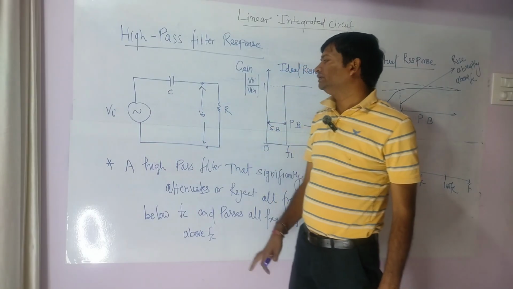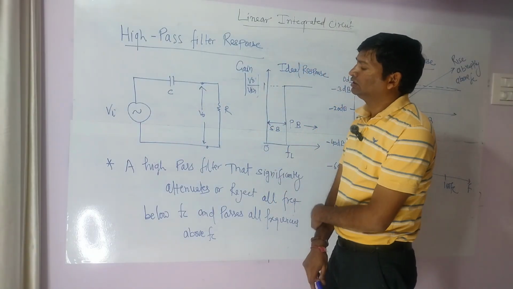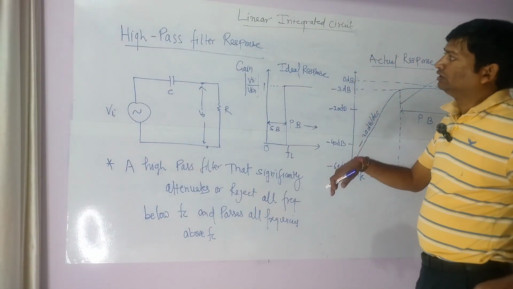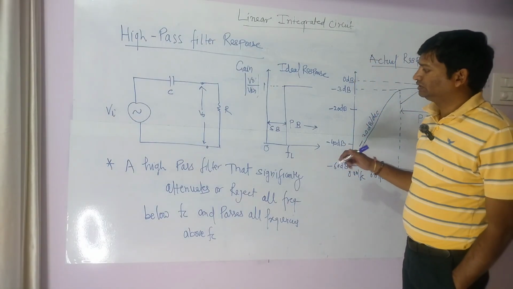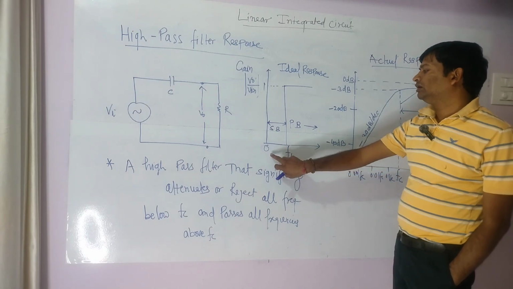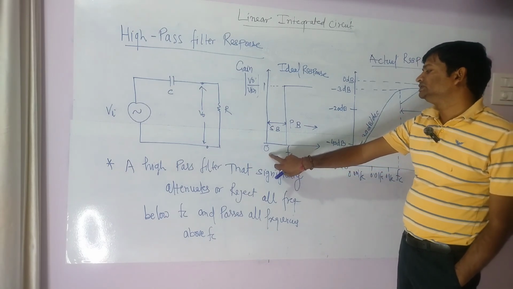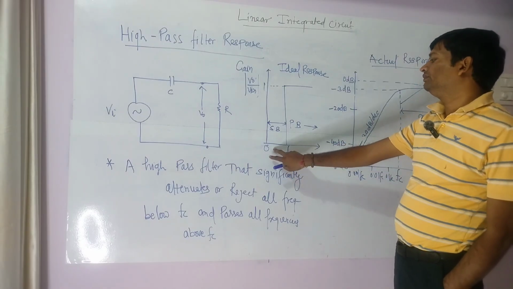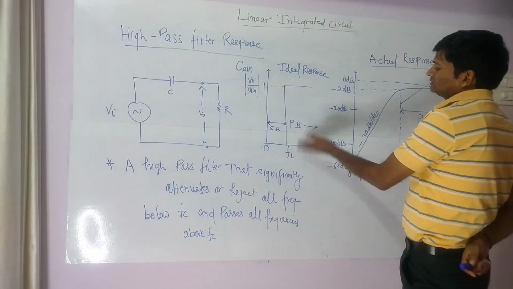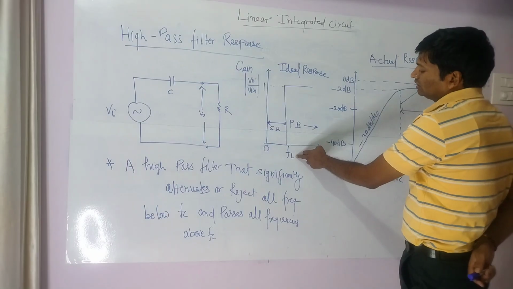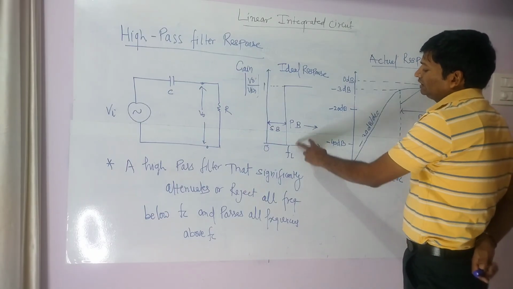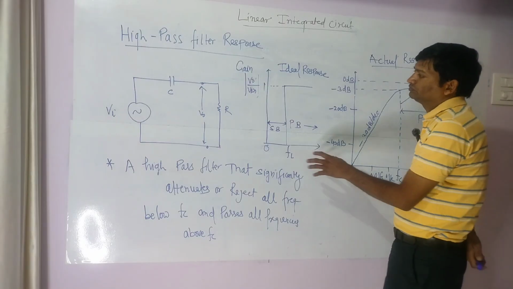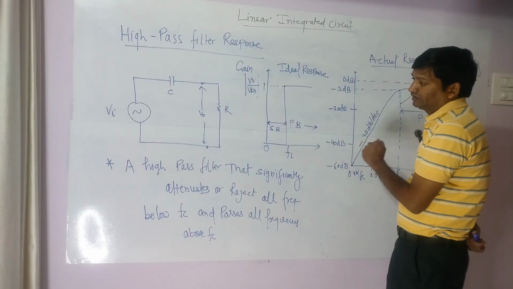Ideally, the response of this high pass filter stops all frequencies up to FL. The stop band lies between 0 and FL, and it passes the frequencies above FL. The passband lies above the FL frequency. This is the ideal response of the high pass filter.